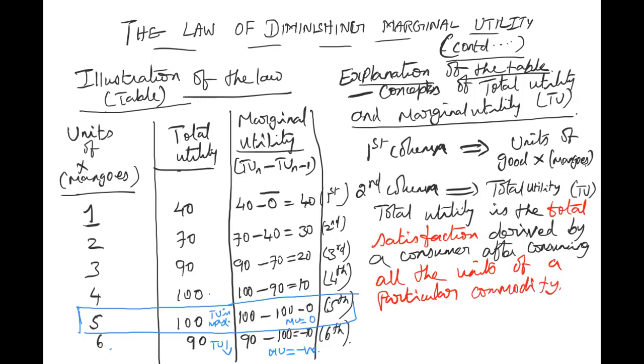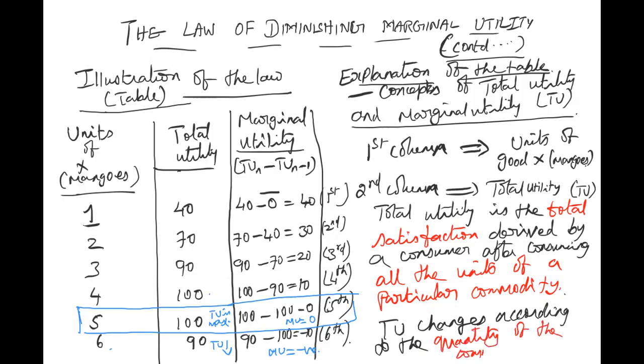Now, as the quantity of the mangoes changes, the total satisfaction also changes. That means total utility changes according to the quantity of the commodity. How does it change? It is increasing, but it is increasing at a decreasing rate.